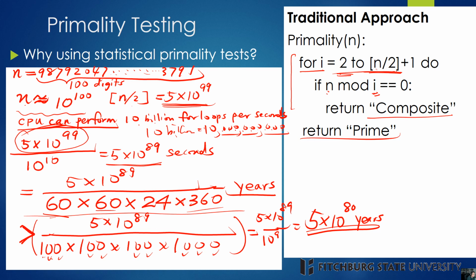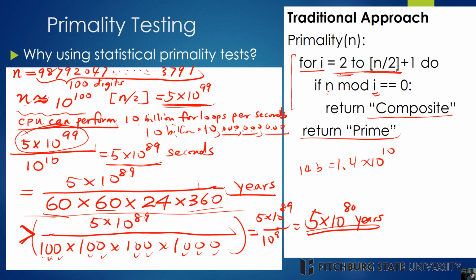Based on Big Bang theory, the Big Bang actually started 14 billion years ago. So that means our universe started 14 billion years ago. 14 billion is actually 1.4 times 10 to the 10, right?